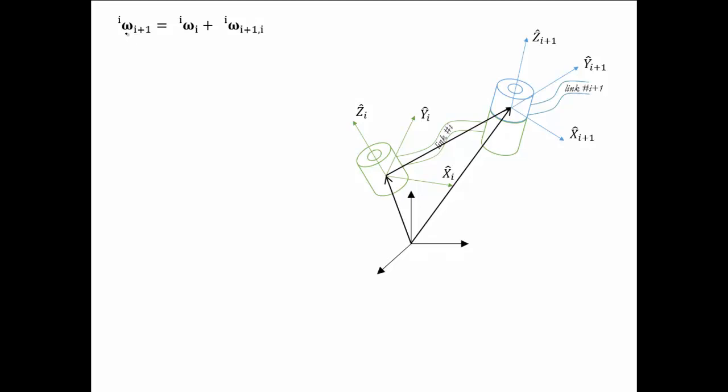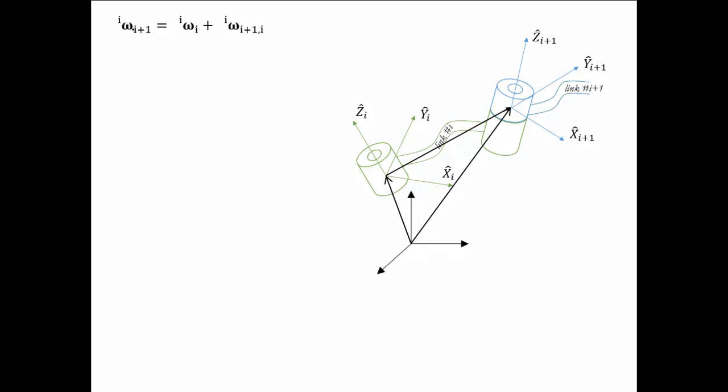Here omega denotes the angular velocity of link I plus 1 with respect to link I. Or you can say that it denotes the angular velocity of link I plus 1 in the ith frame.